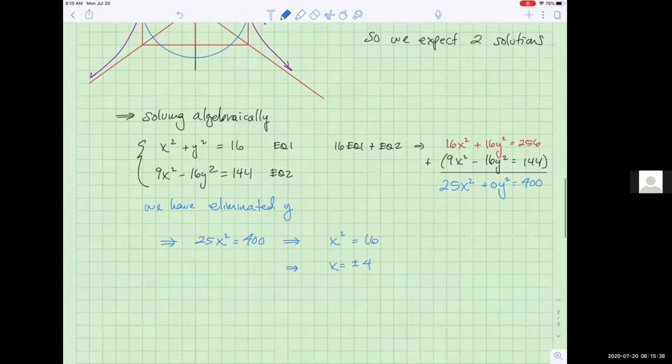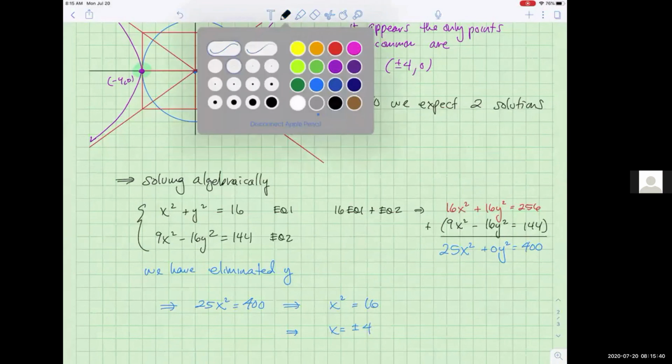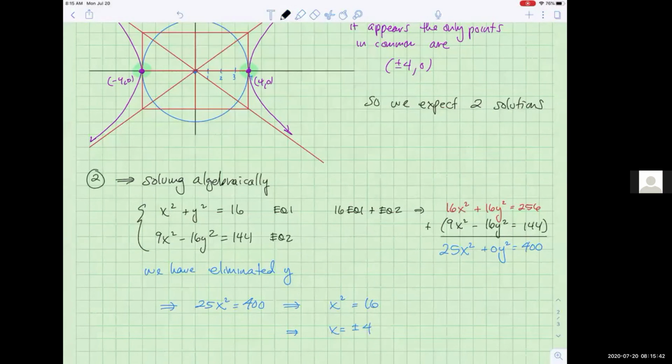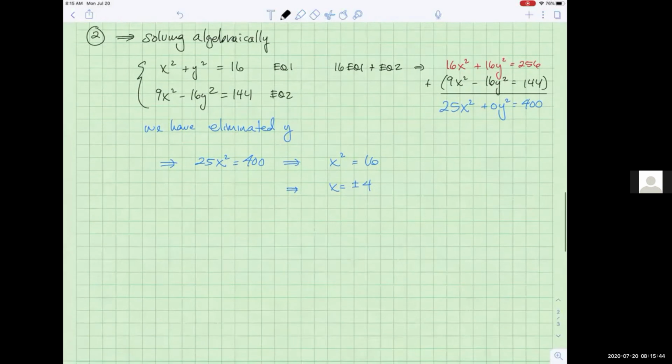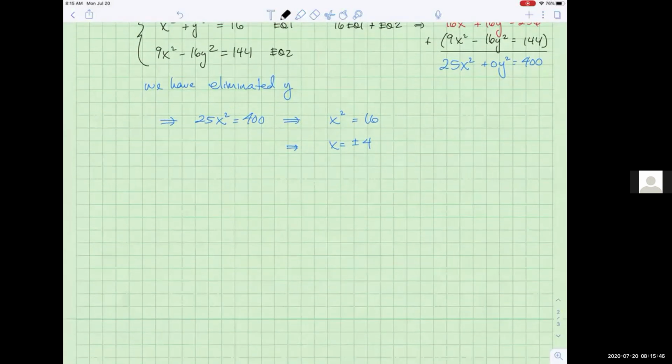I guess I should say this is step 2 over here. Step 2, solve it algebraically. Here we used elimination. So we have possibilities for one variable, i.e. x equals plus or minus 4.